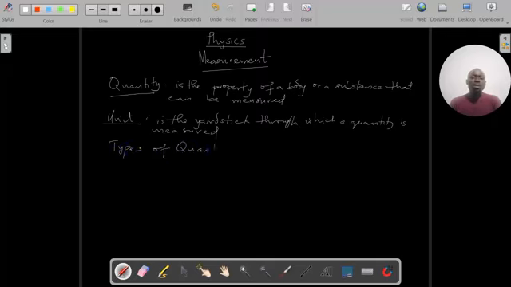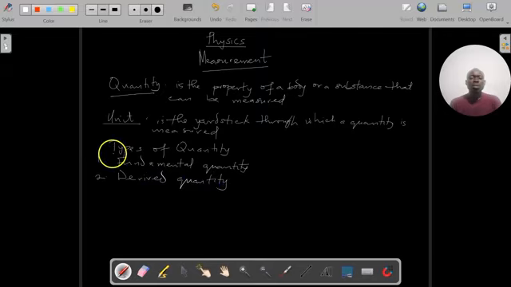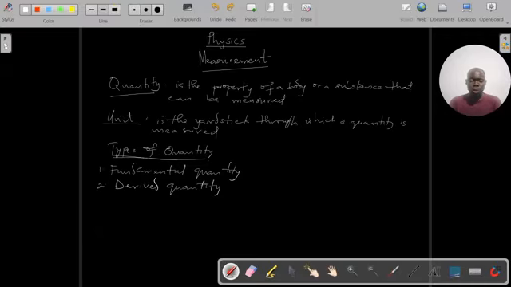We have two types: one, fundamental quantity, and two, derived quantity.